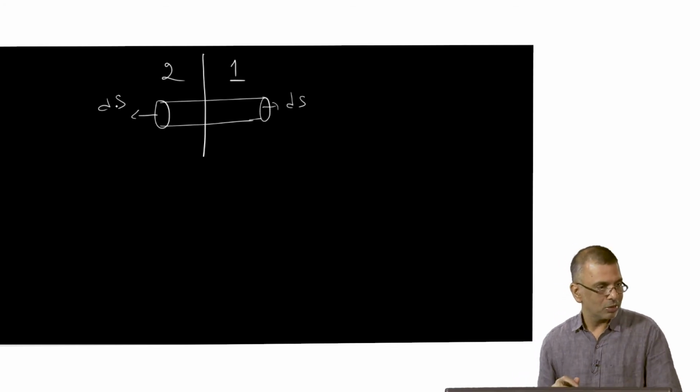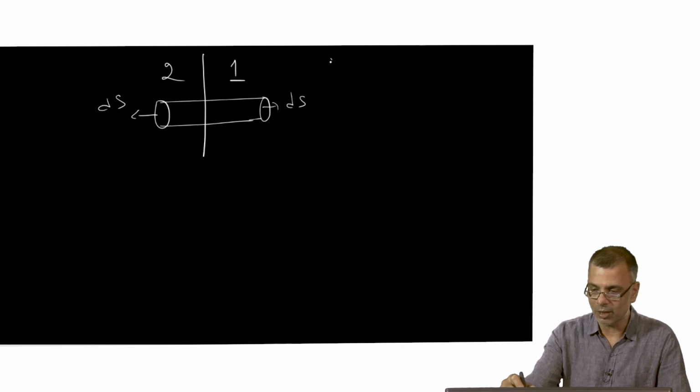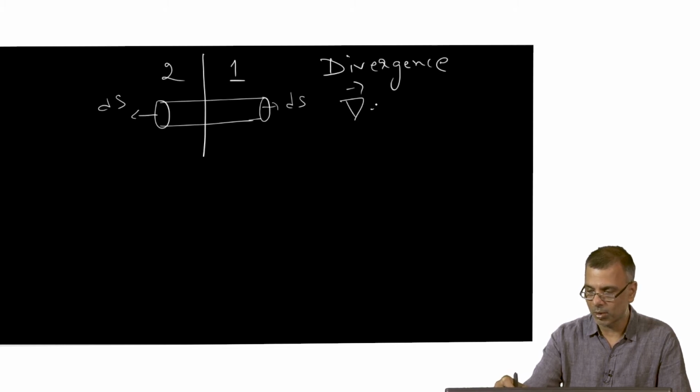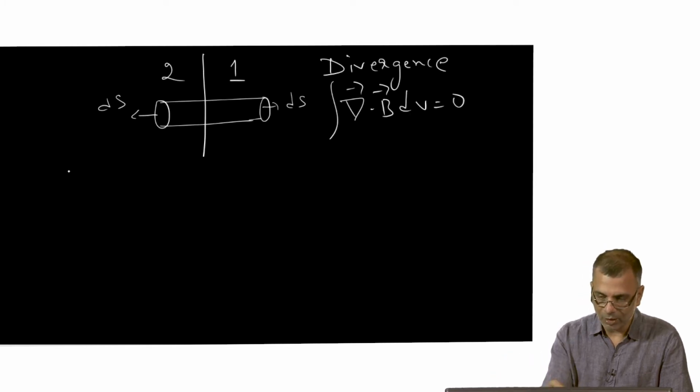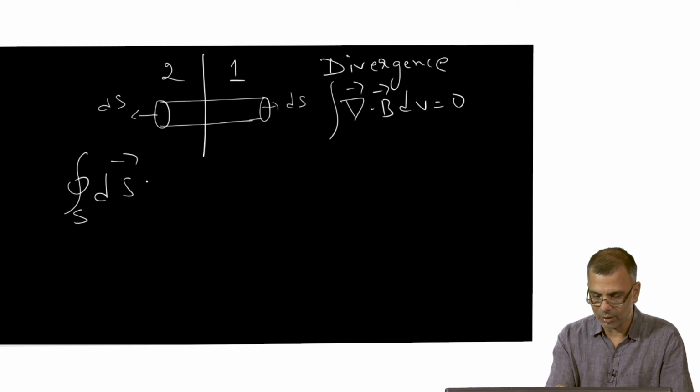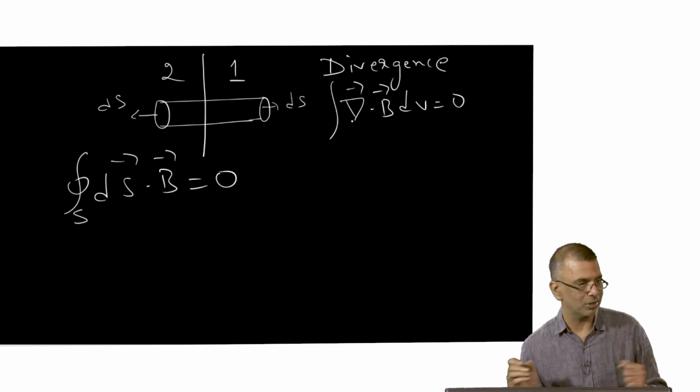So the divergence constraint, del dot B equals 0, can be rewritten using the divergence theorem as the surface integral of ds dot B equals 0. You agree? This is the same as this, right?